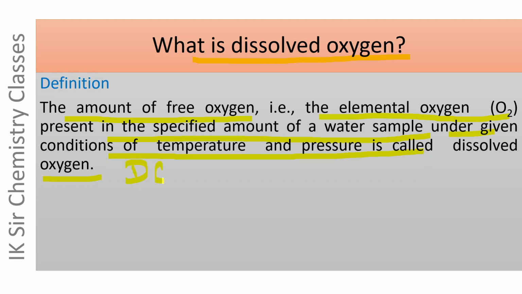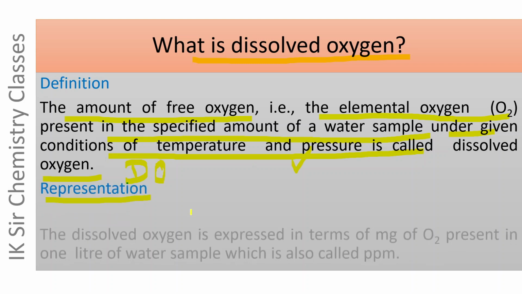DO is a more popular term than dissolved oxygen. Let us see it again. The amount of O2 present in the specified amount of a water sample under given conditions of temperature and pressure is called dissolved oxygen.